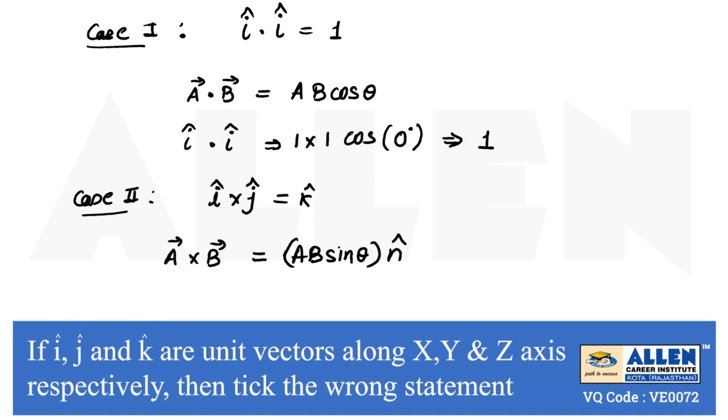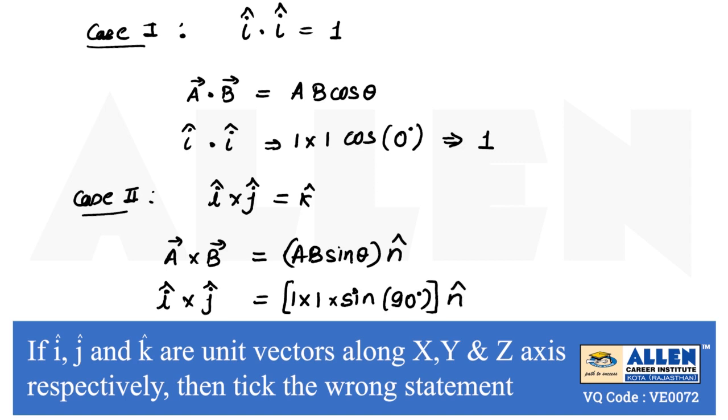So we will use this formula for our case, that is i cross j, meaning i cap having magnitude 1, j cap having magnitude 1, and sine of theta. Theta is the angle between these vectors. i cap is along the positive x-axis, j cap is along the positive y-axis, so the angle between these two will be 90 degrees. So this will represent the magnitude of the result, and n cap will be the direction.